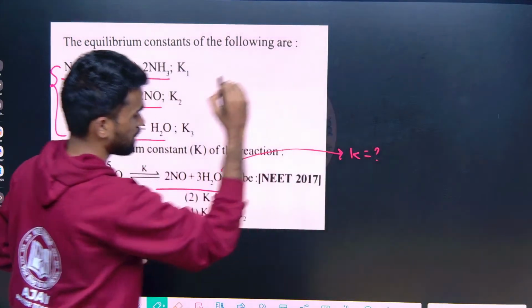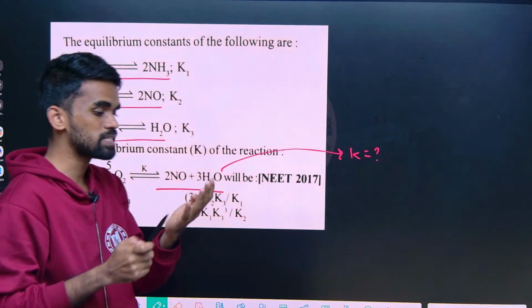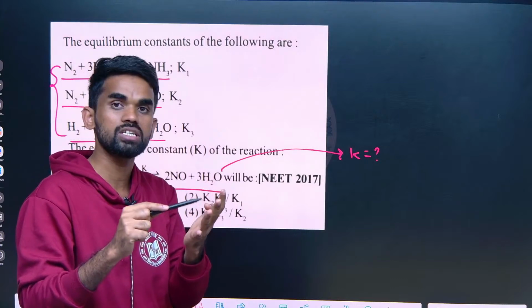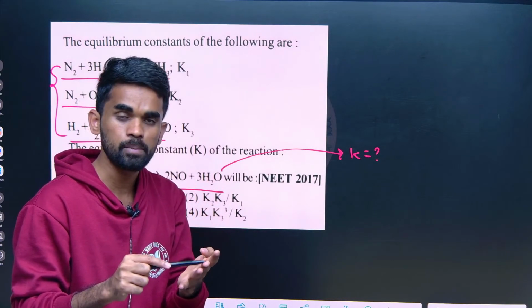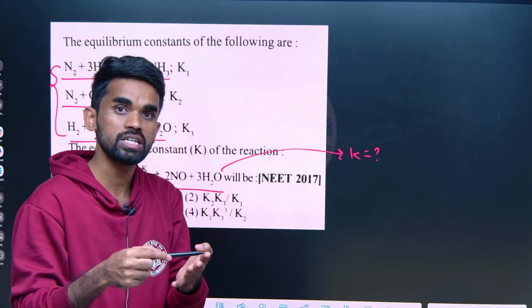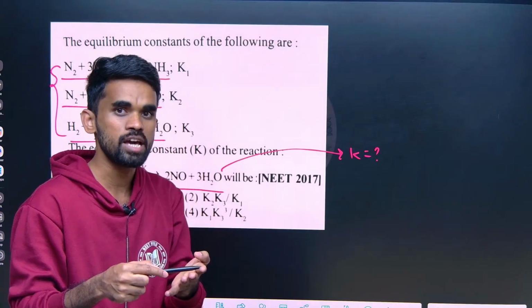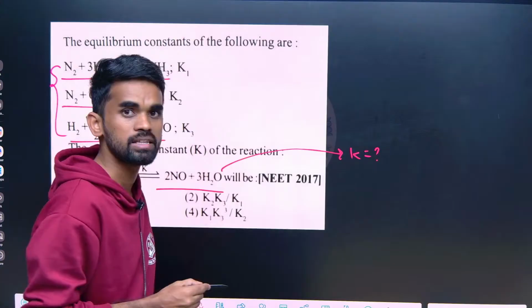Now look at what steps are taken. We have discussed if an equilibrium reaction is multiplied with n or divided by n, or taking place in multiple steps, or a reaction is reversed, what happens. Everything we have studied, apply all together into this question, you will get the proper answer.